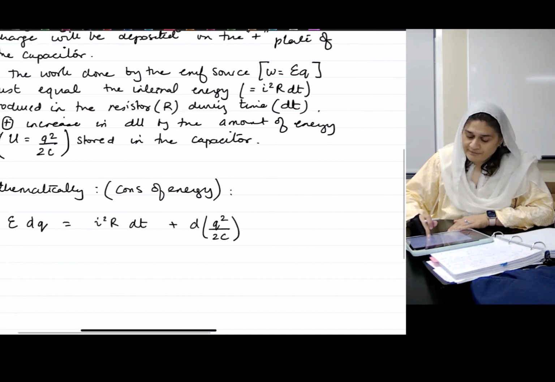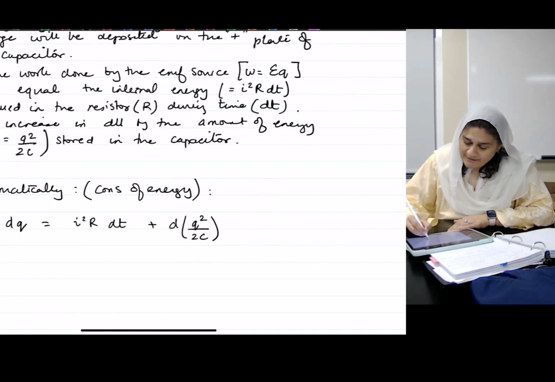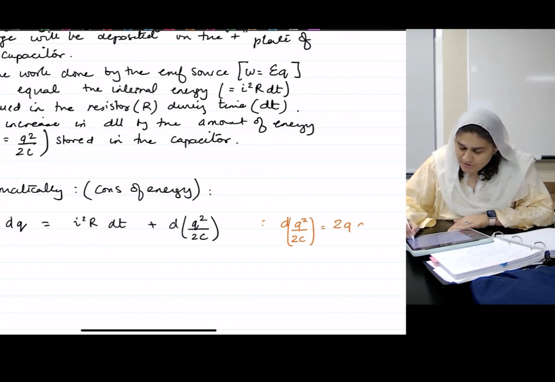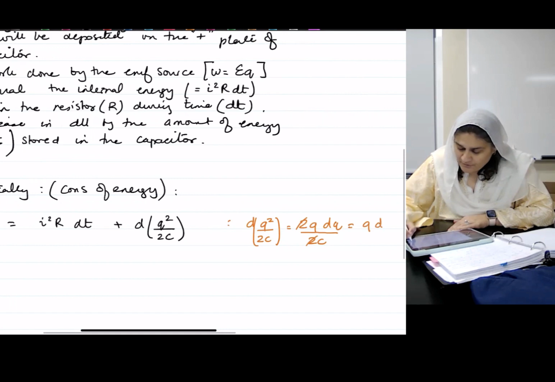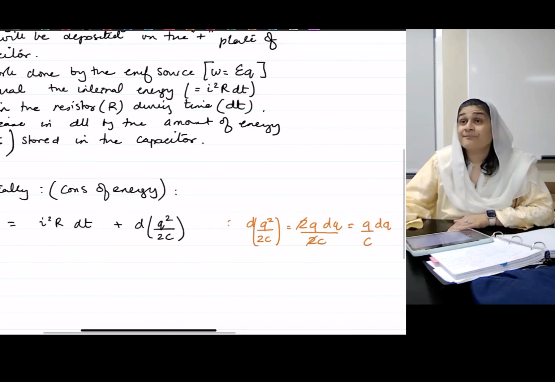Or may I also write this d of q squared over 2c as 2q dq over 2c, or q dq over c.